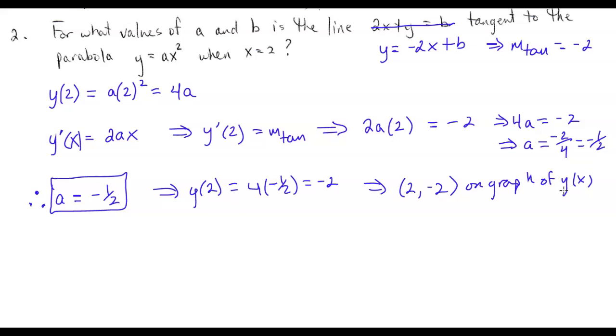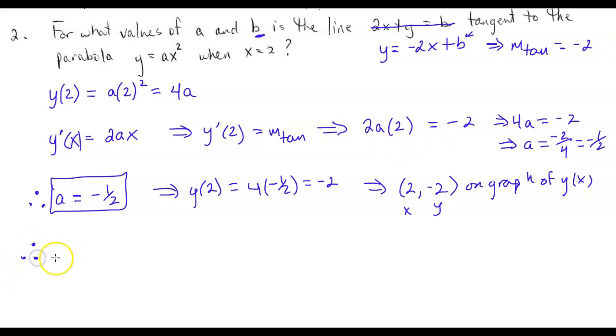Now, the only thing that we need now is b. And notice here that we have 2x plus y equals b, which we have rewritten this way. Since I have an x and a y coordinate here for a point on the graph, and I already know the slope, all I need now is to use these two coordinates in this equation, and I can find out what my b is going to be.